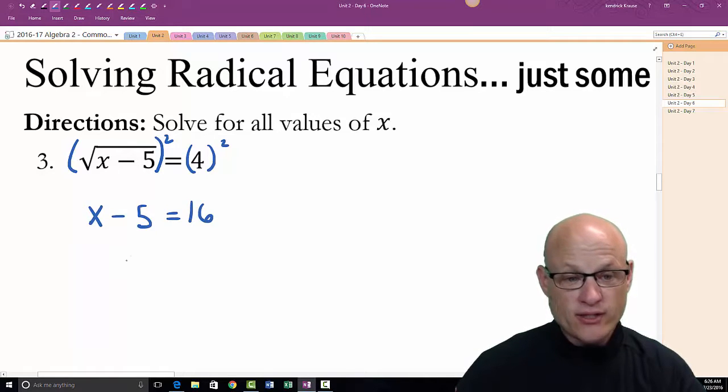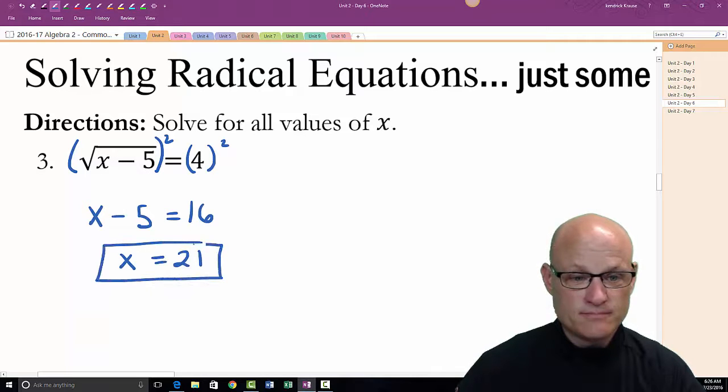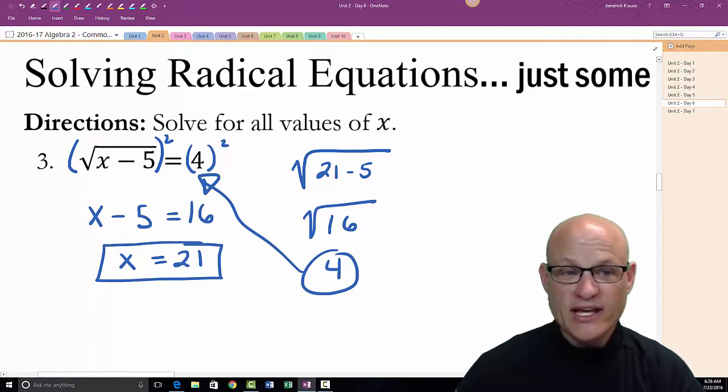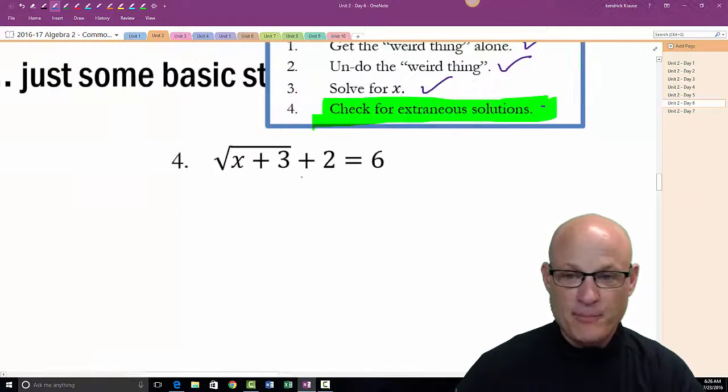Now solve for x. Add the 5, and you get x equals 21. You should check your answers. 21 minus 5. That's the square root of 16, which is 4. And it works. Yay!